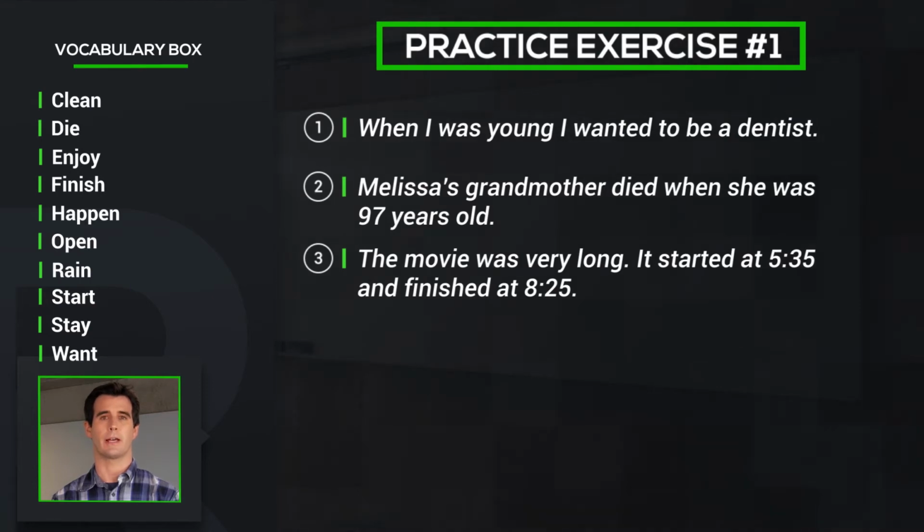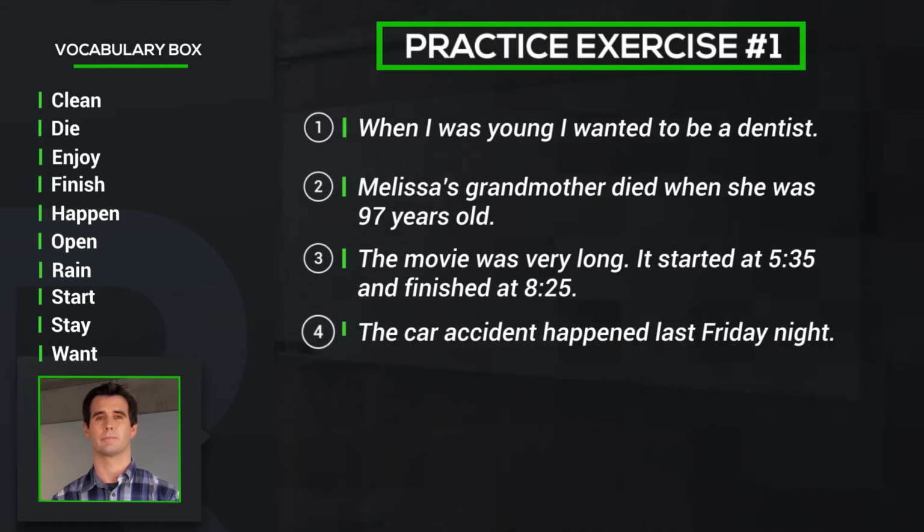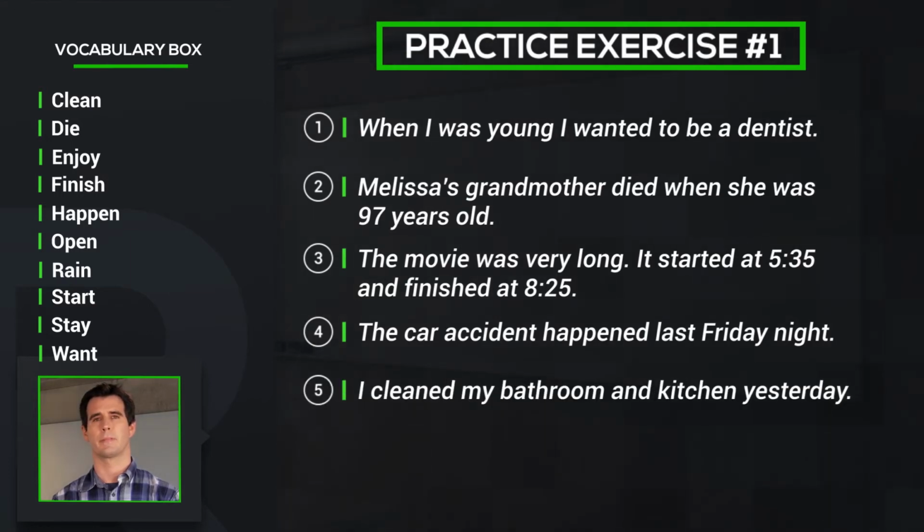It started at 5:35 and finished at 8:25. The car accident happened last Friday night. I cleaned my bathroom and kitchen yesterday.